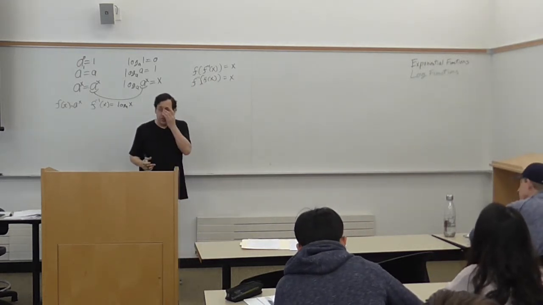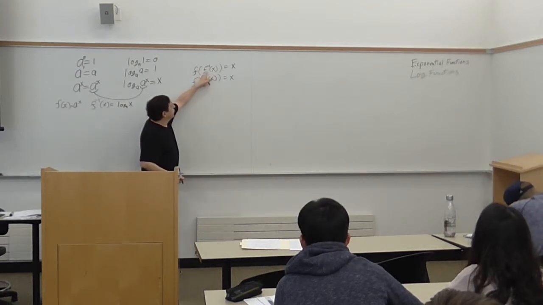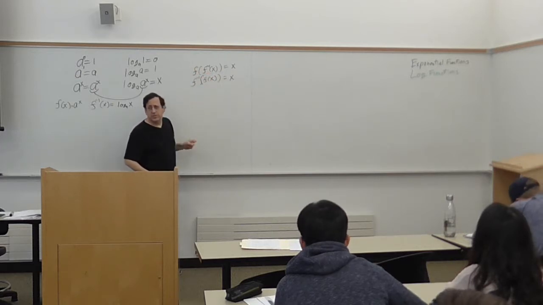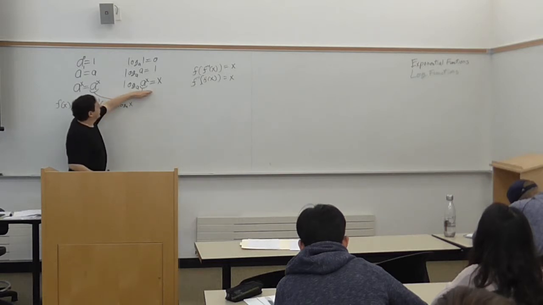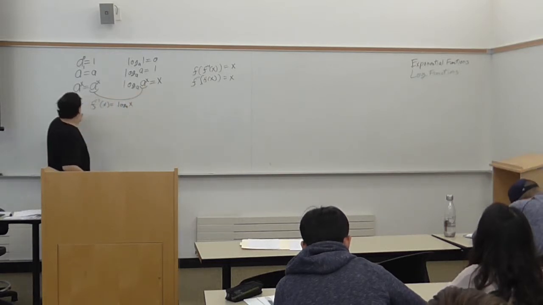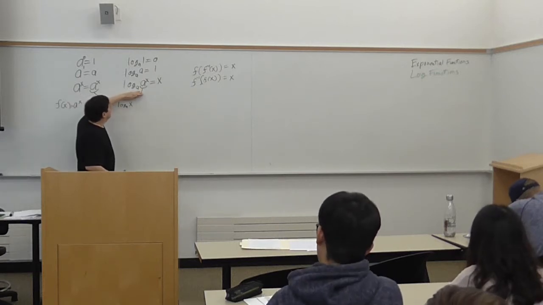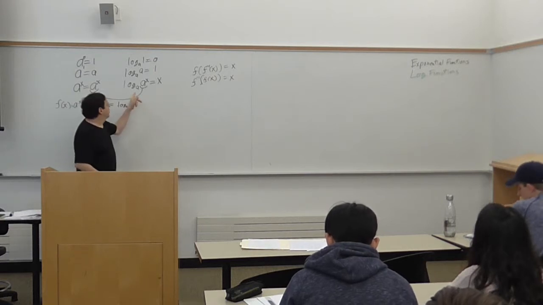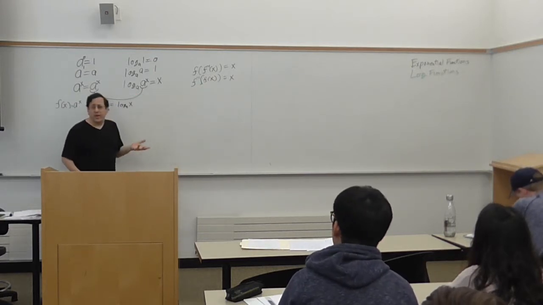That's what an inverse function is. And this is just a statement saying the inverse of an inverse function is the original function. Well, that's what I'm saying here. I've got two functions, a to the x and log to the base a of x. If I say log to the base a of x, what am I doing? I'm applying the inverse function to the function. So of course I get x.